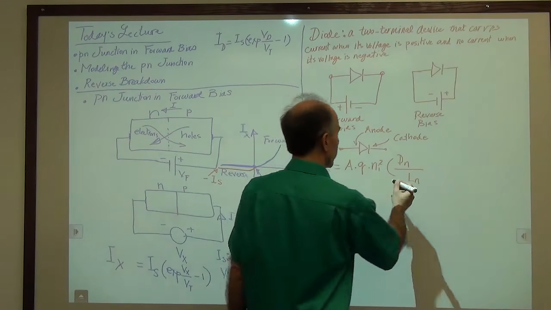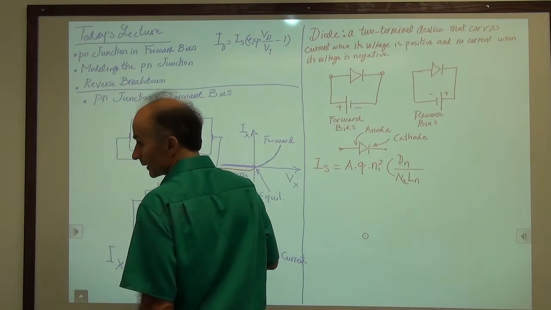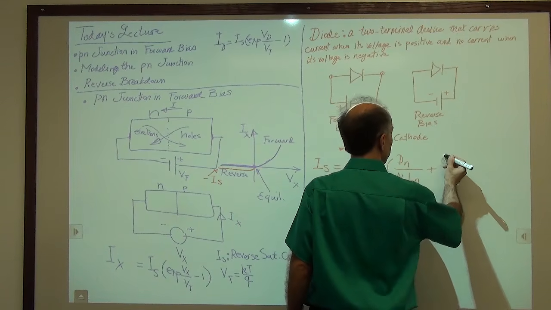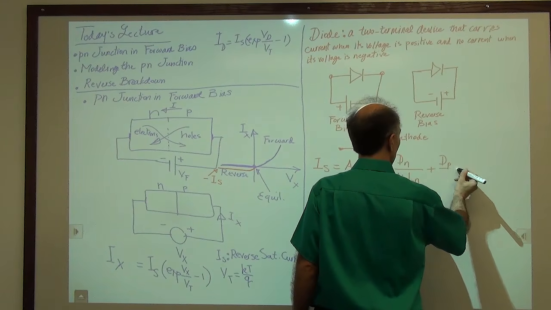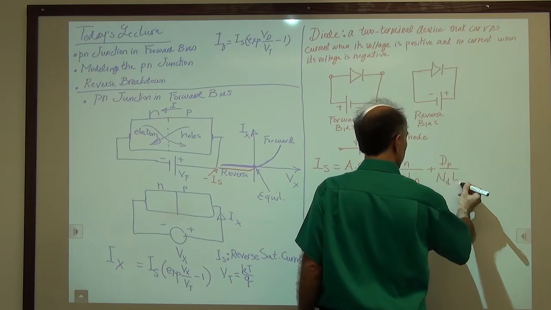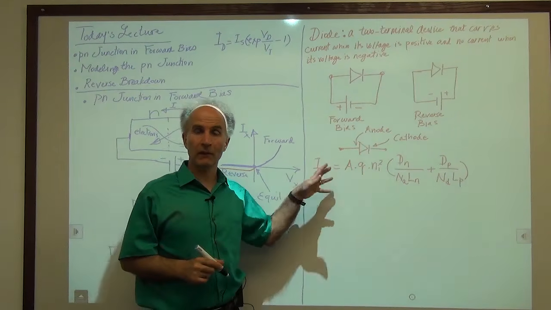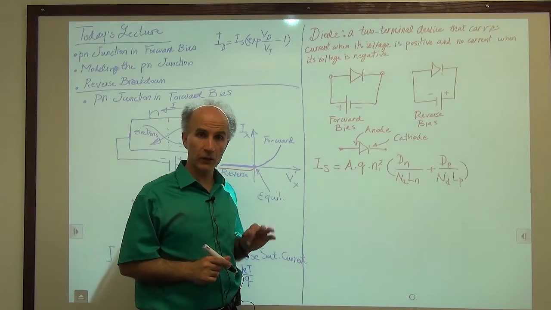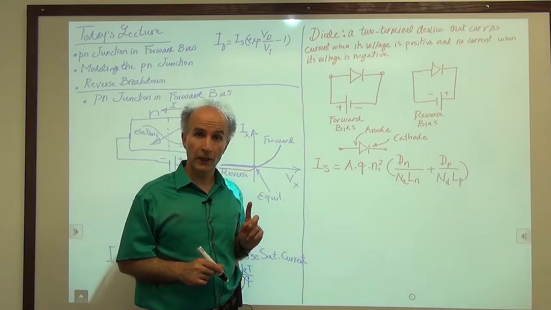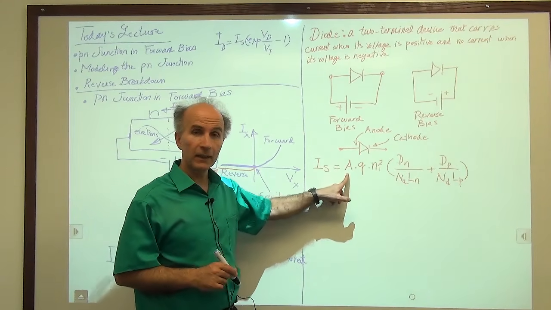Okay, so we have the doping level, the acceptor doping level NA, and then we have Dp over the doping level of donors ND times Lp. Lots of constants running around this equation. Don't worry too much. We don't use this equation very often, but I wanted to point out a few interesting facts about it. So, what's A?